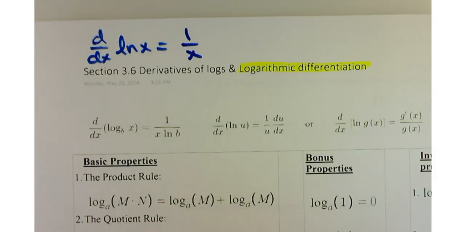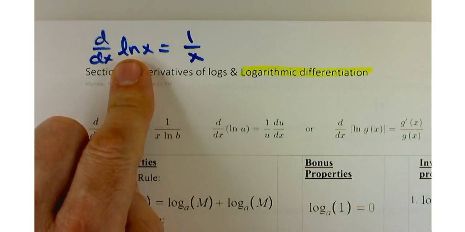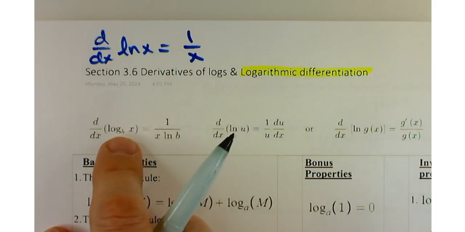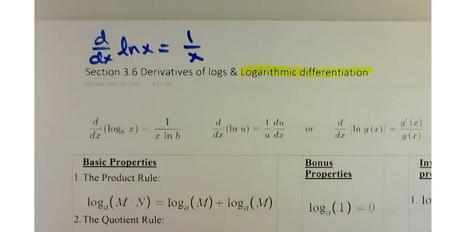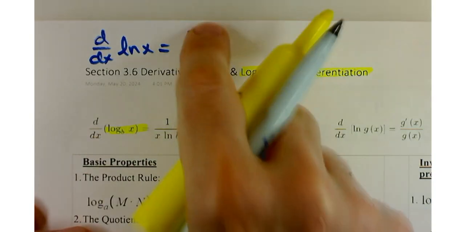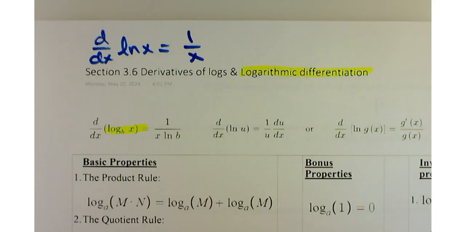Now that changes a little bit when we start working with logs of a different base. What base is understood to be here with the natural log? E. So if you're dealing with something other than base E, say base B, then not only do you get 1 over x, but then you have to multiply it by the natural log of that base.